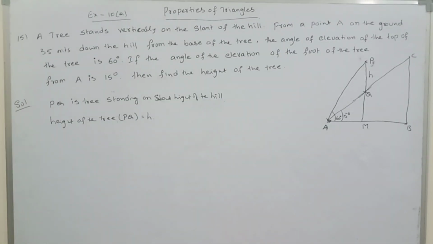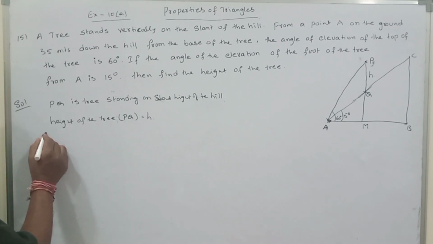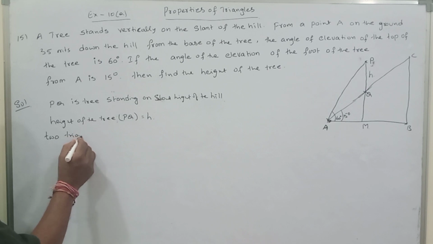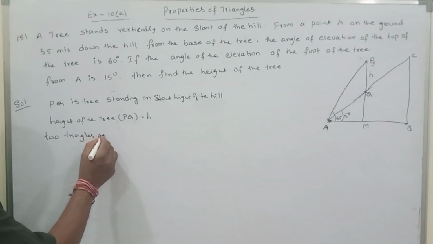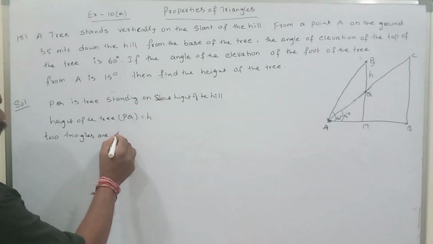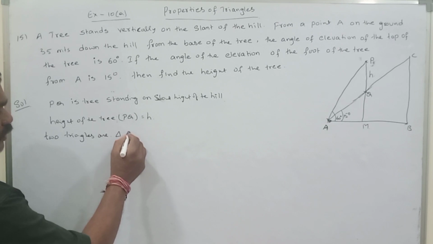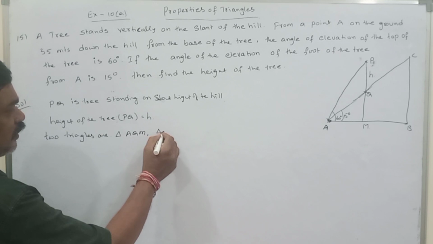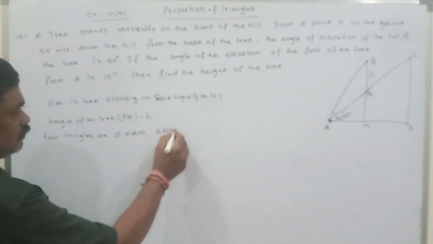So here two triangles are formed: one is triangle AQM and the other is triangle APM.